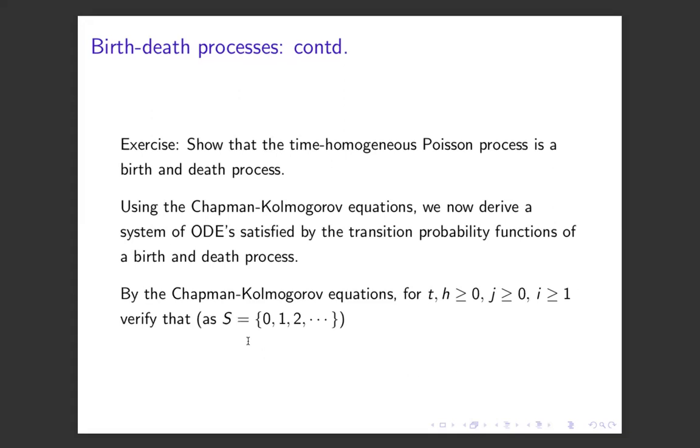Since the state space is this, for positive time points t and h, and i and j in the state space, j can be any element in the state space, whereas i we want to be greater than or equal to 1.